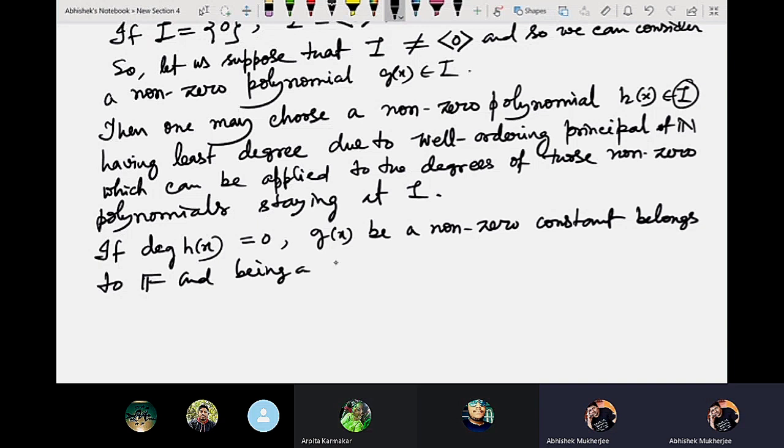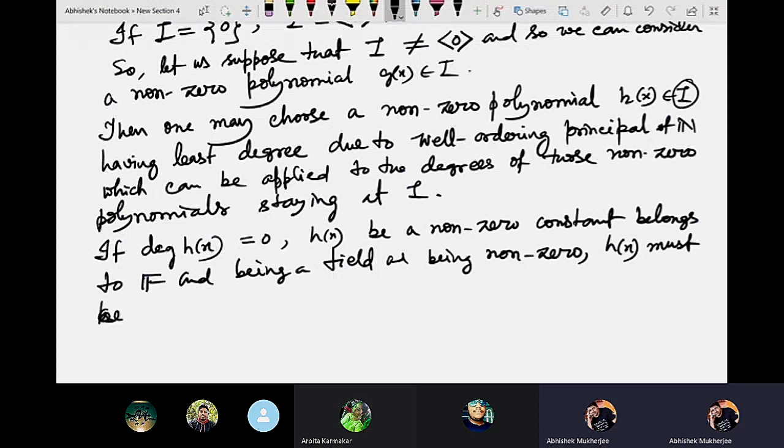And being a field and being non-zero, this h(x) must be a unit. That is, it has a multiplicative inverse in F[x].